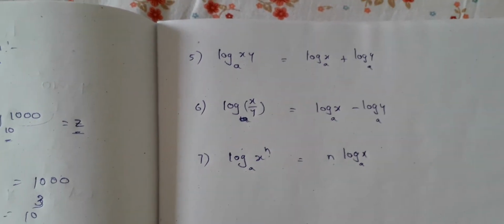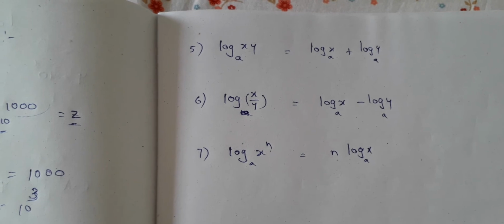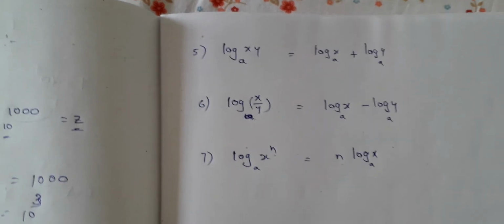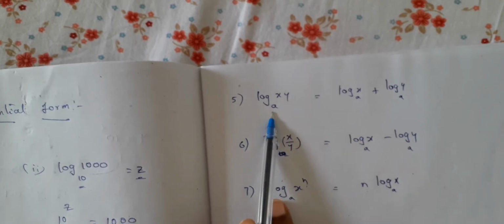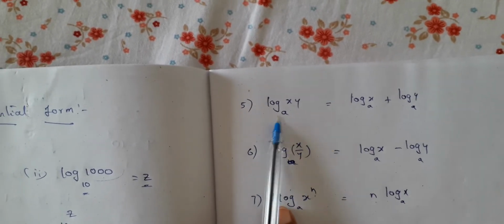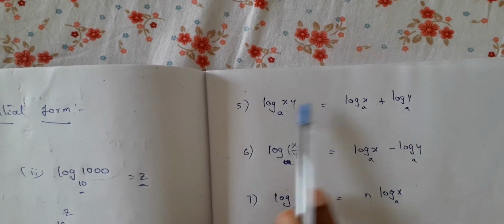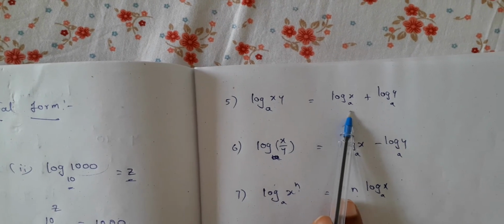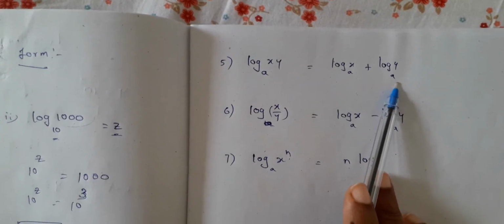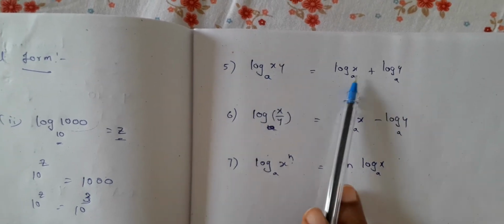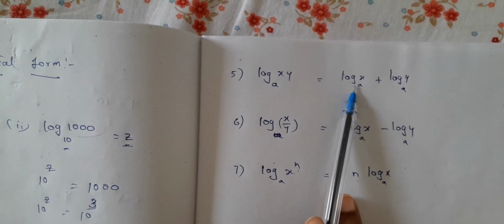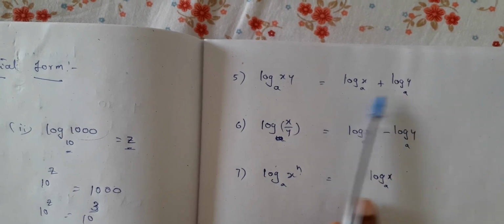Log x into y base a. It means you are taking the logarithm of the product of two numbers with the same base. When you take the logarithm like this, it can be expanded as log x base a plus log y base a. So log for multiplication converts to log of each number individually and summation.